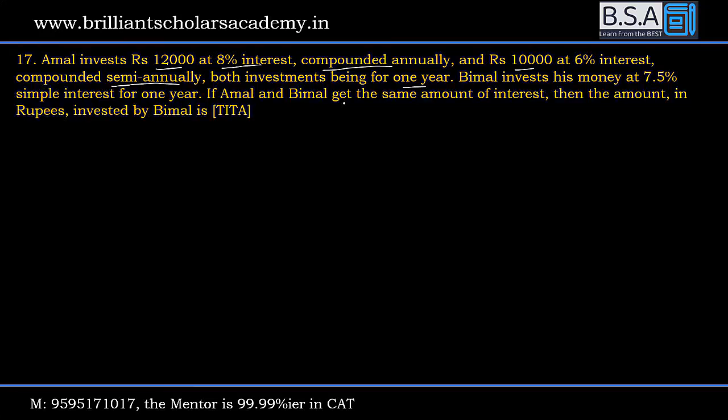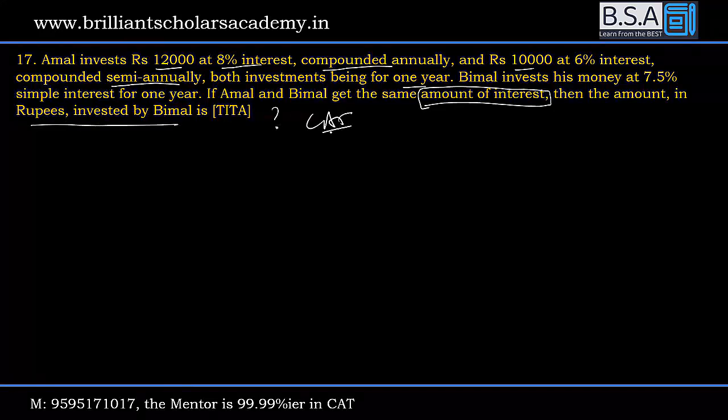If Amal and Bimal get the same amount of interest, then the amount in rupees invested by Bimal is. So you're looking at a past CAT question. Go on, solve, take 2 minutes.